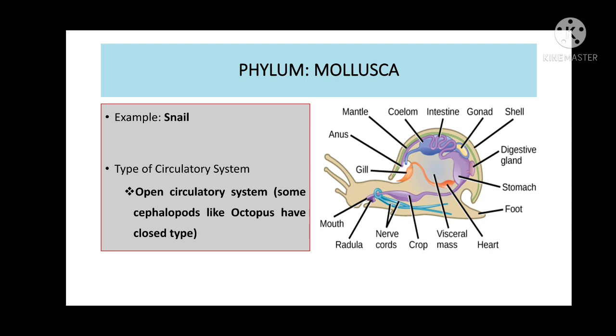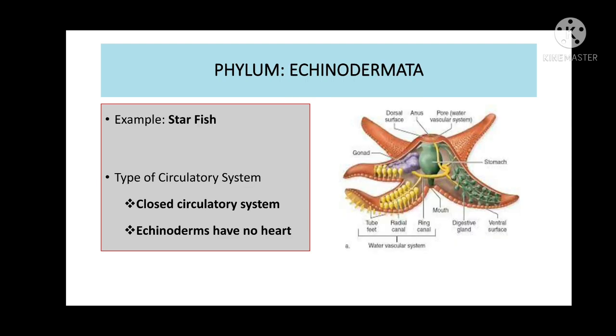Phylum Mollusca. Example, snail. In molluscans, open circulatory system is seen. Some cephalopods like octopus have closed type of circulation. Phylum Echinodermata.